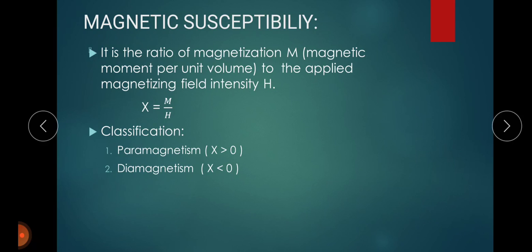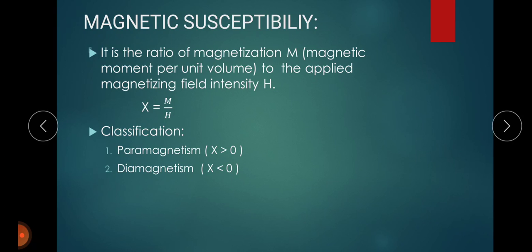Suppose we put a material in a magnetic field. That material may be a paramagnetic, diamagnetic or ferromagnetic material. In the case of paramagnetic material, these are materials which are not strongly attracted by the magnet.